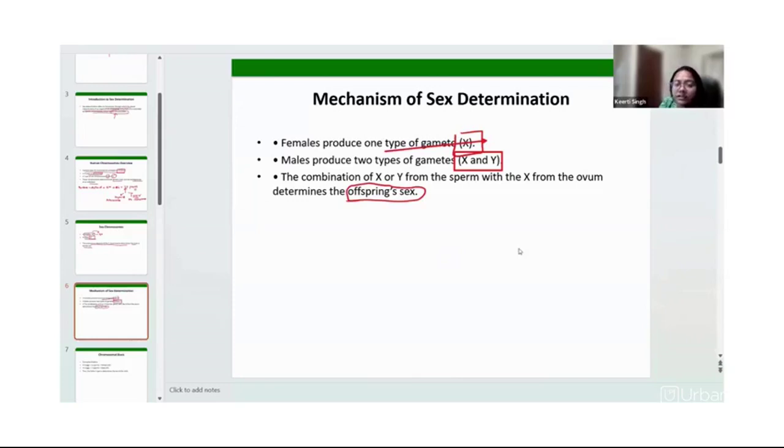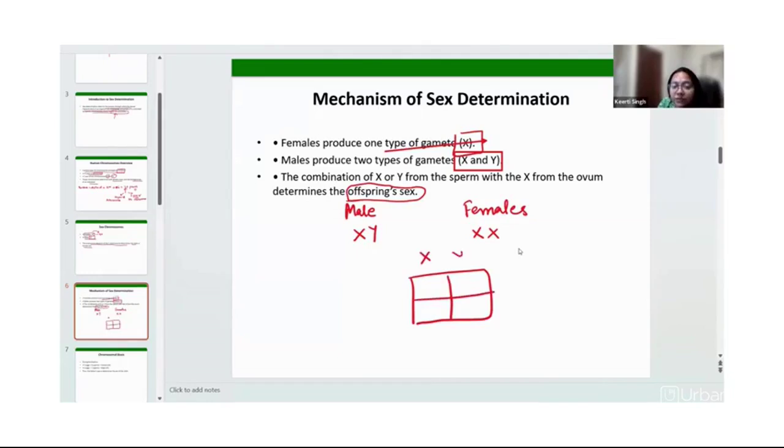For example, this is male, this is female. All the gametes will be similar in case of female, right? And the male has two types of gametes, X and Y. If we study this inheritance with the use of a Punnett square, two types of gametes will be formed in case of males, and the female will form the similar type of gametes, that is gametes containing X chromosome only.